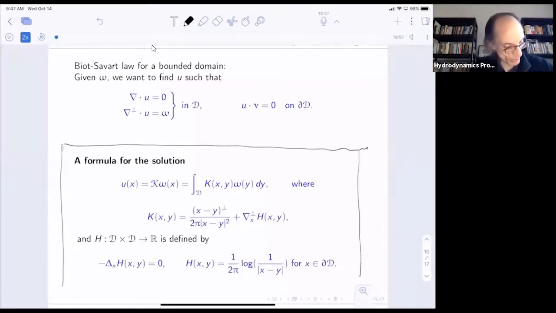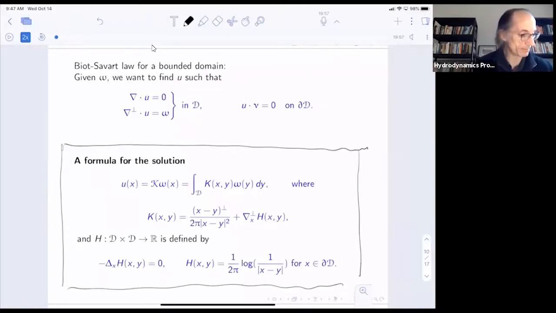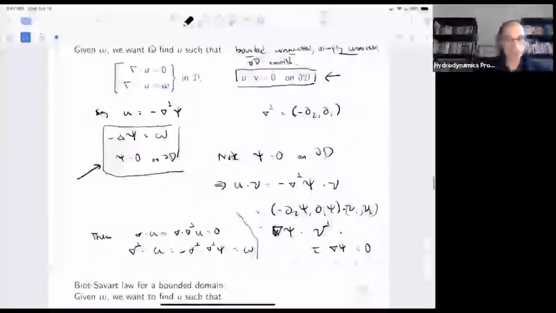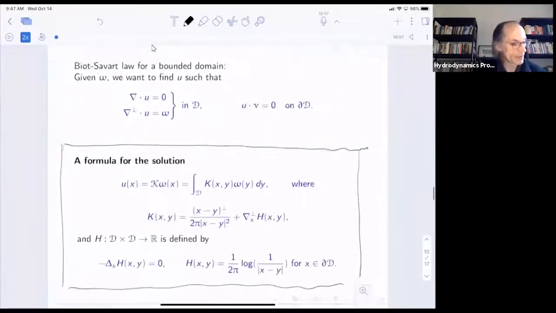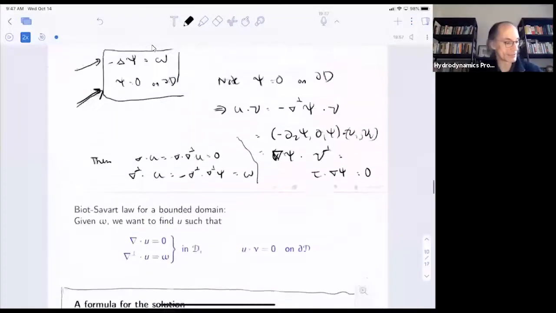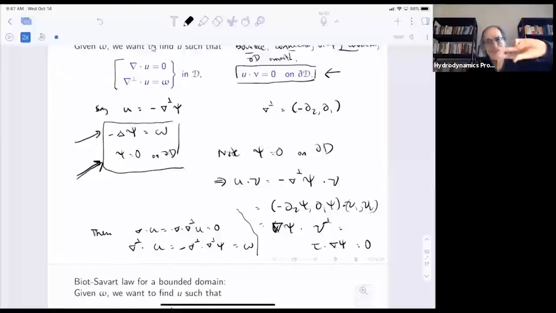What I would do is I would find a formula for this psi, and I know how to solve this equation on all of R2. And what I have to do is modify that solution so that it has the right boundary values on the boundary of the domain. And there's a standard way of doing this. So I can write down a formula for psi in this way, and then I take the orthogonal gradient, and that will give me u.